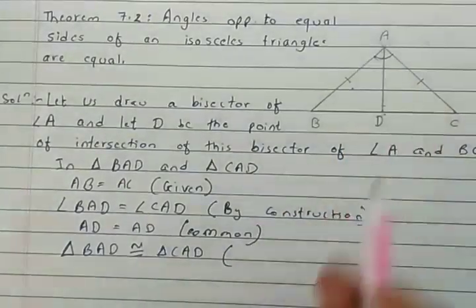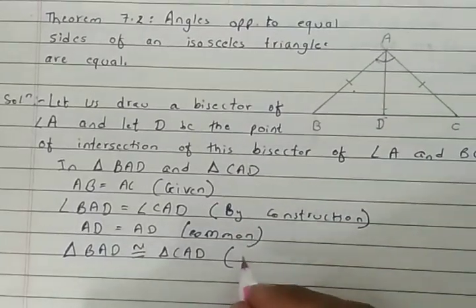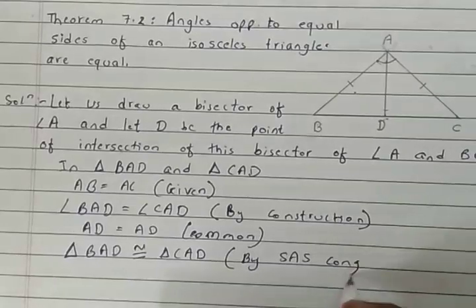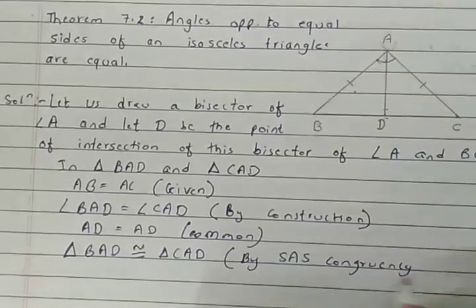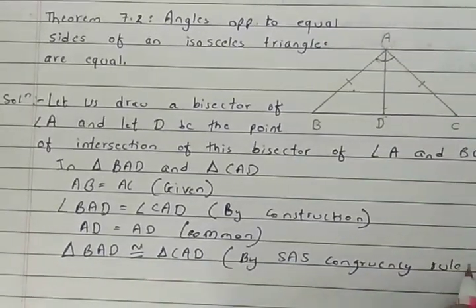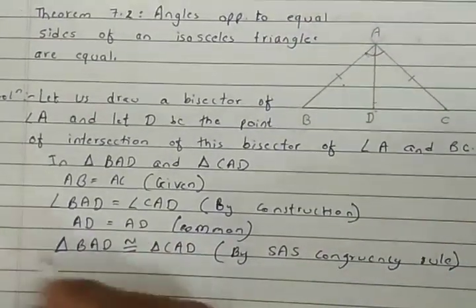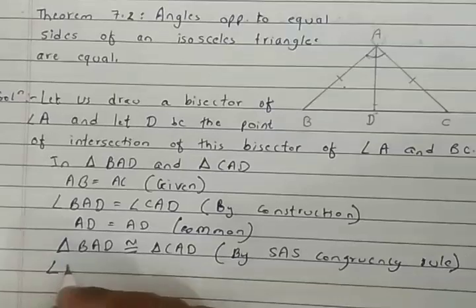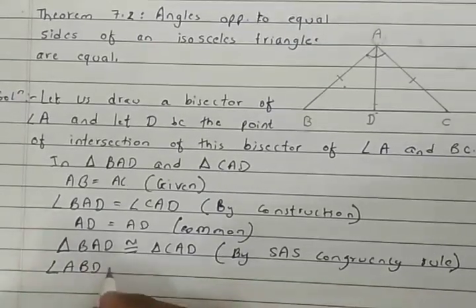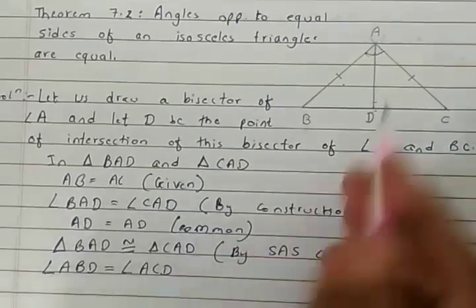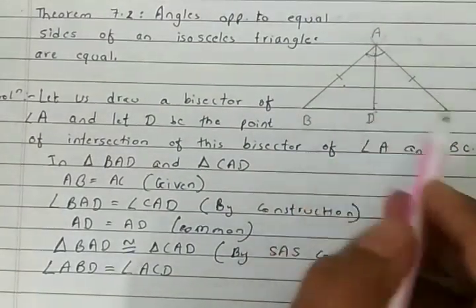So we can write it down by side, angle, side congruency rule. Okay, so we can say that angle ABD is equal to angle ACD.